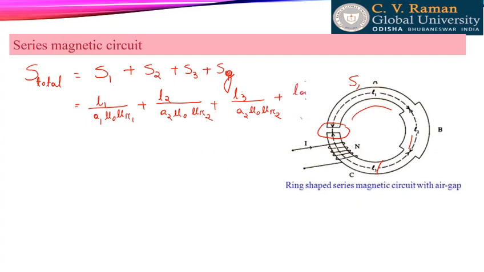Let me write the length of the air gap as Lg and the area of the air gap as Ag mu naught. What is the mu R value for air? For air, mu R is equal to 1.